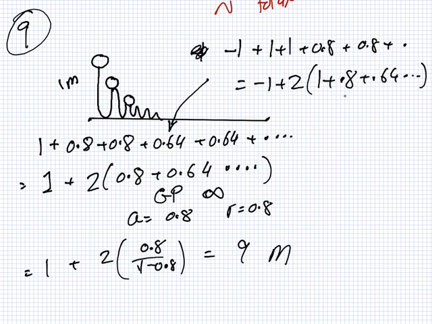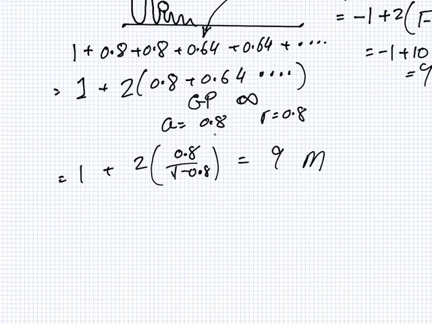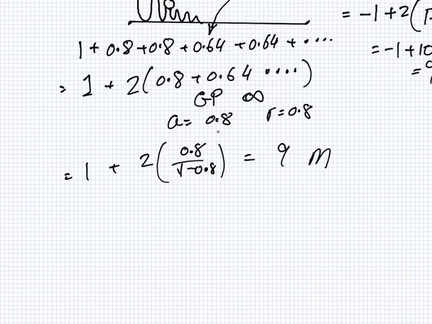If you prefer, you can include the 1. So this will be minus 1 plus 2 times a over 1 minus r. So that would be minus 1 plus 10, which is also 9. So you can include it if you really, really wanted to. But I don't. So I'll do it like this.